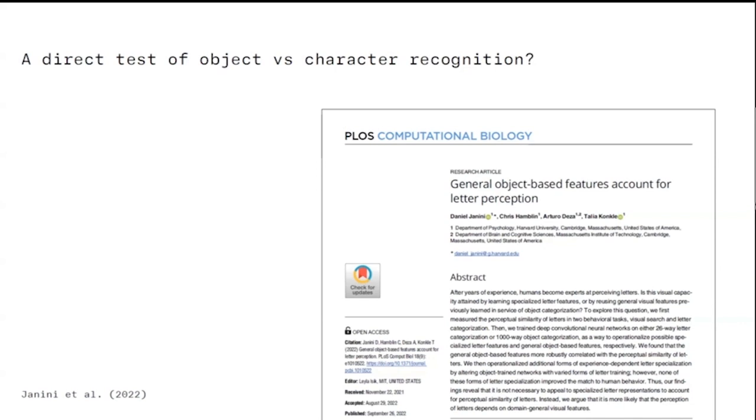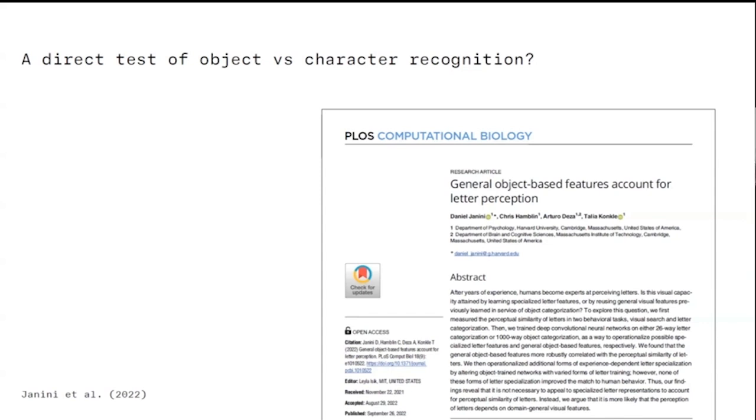So this discussion was brought to my attention through this paper, which used machine learning models trained on object recognition, and then applied those models to recognize characters, which has a few problems. What is the alternative here?